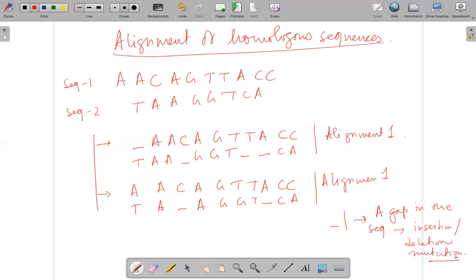Okay. Now the question is, among all these alignments that you see, which one do we choose?